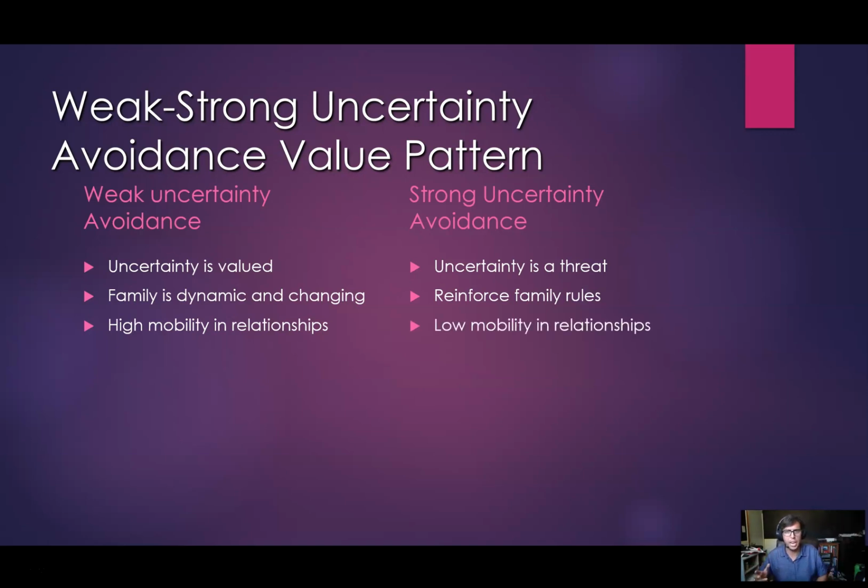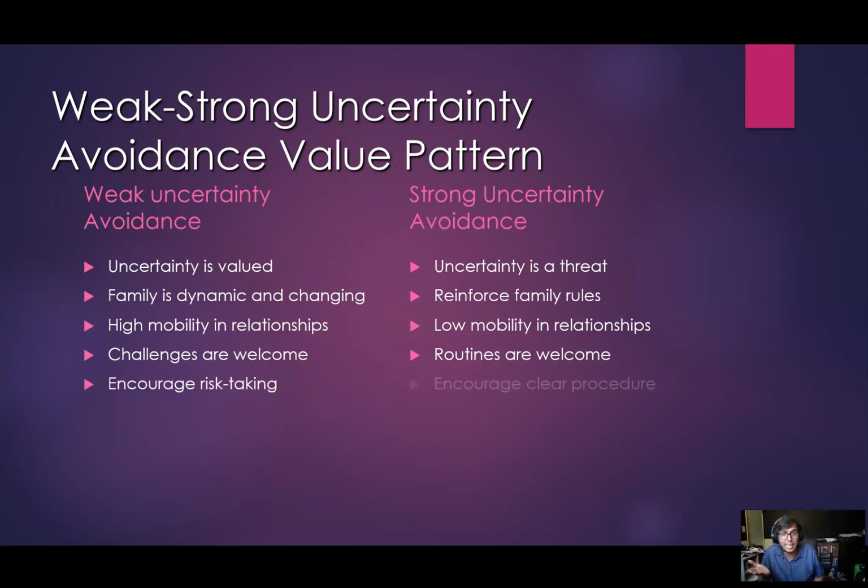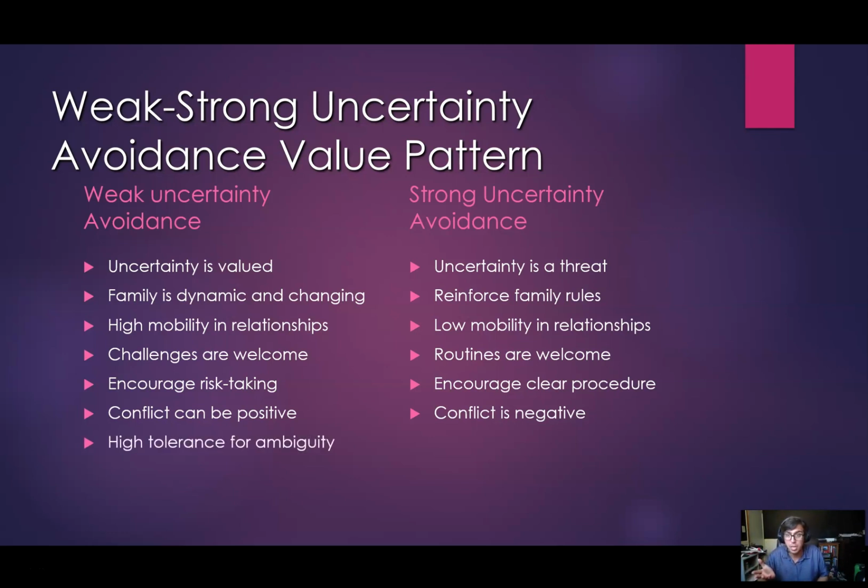So the relationships don't change. Challenges are welcome versus routines are welcome. Encourage risk taking versus encouraging clear procedure. Conflict can be positive, conflict is negative. Again, when there's conflict, that challenges or creates some uncertainty in the relationship. High tolerance for ambiguity, low tolerance for ambiguity.